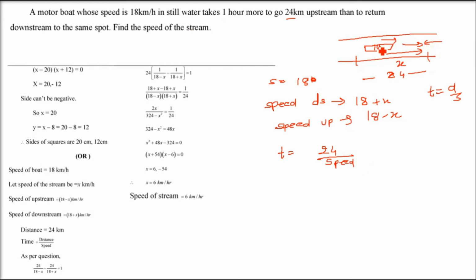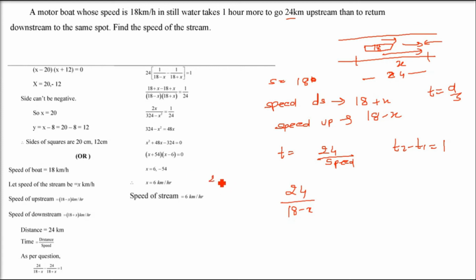T2 is the time while coming back, because it is going to take longer. So T2 minus T1 is 1 hour.